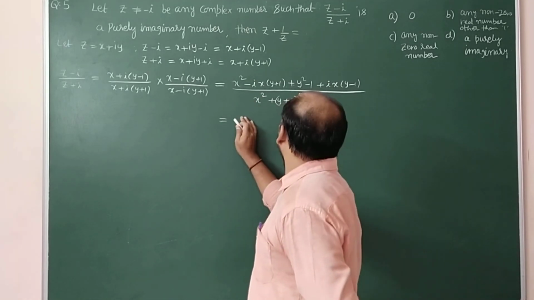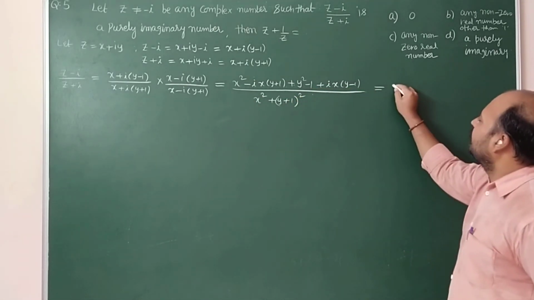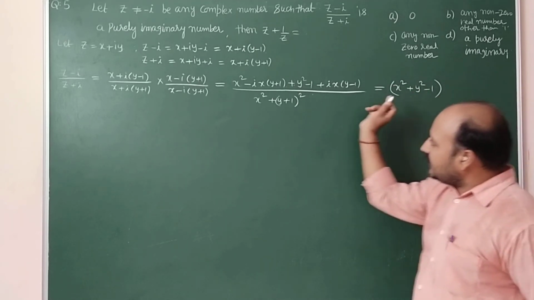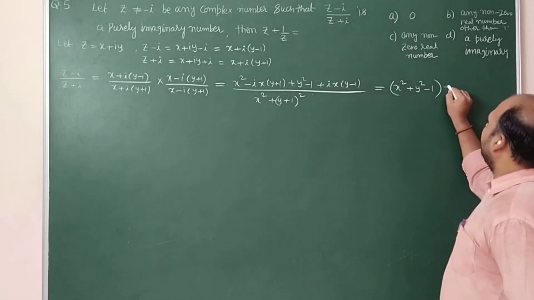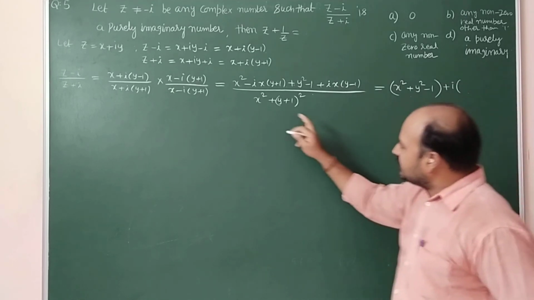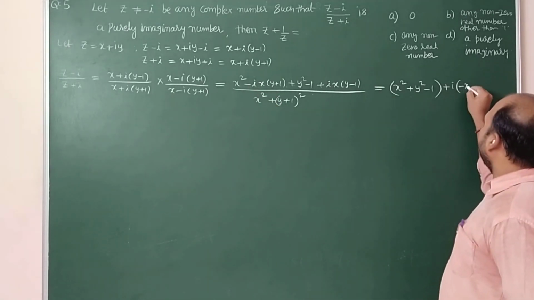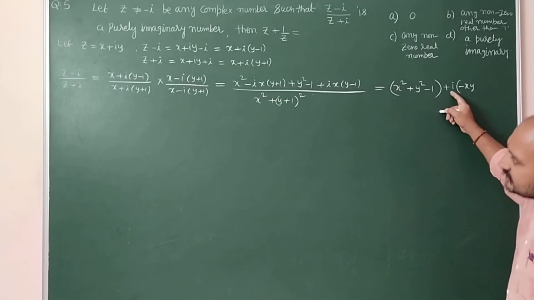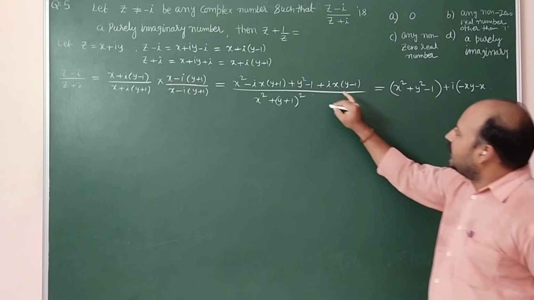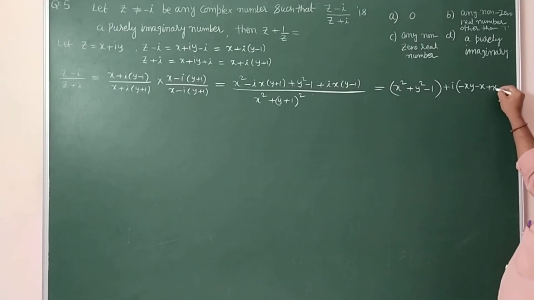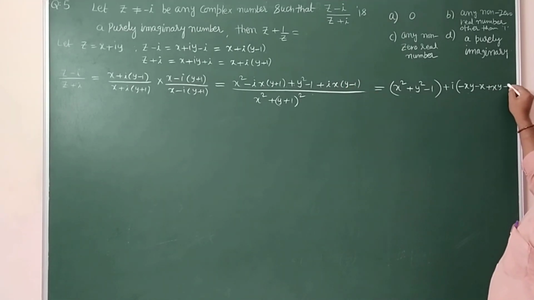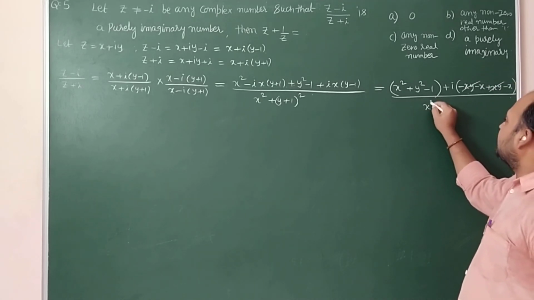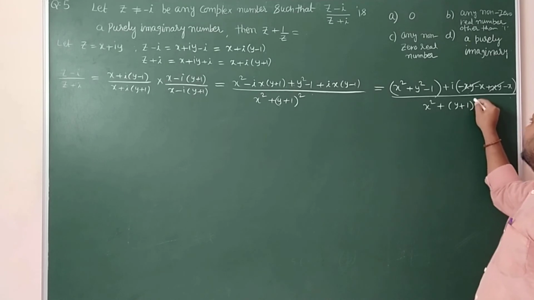Which is equal to x square plus y square minus 1, it is the real part, plus i into the rest of the terms. Here, taking i common: minus xy minus x, and here plus xy minus x. So these two will be cancelled, divided by x square plus (y plus 1) whole square.